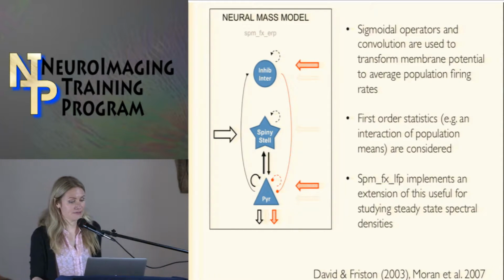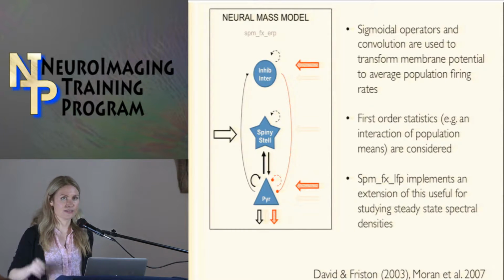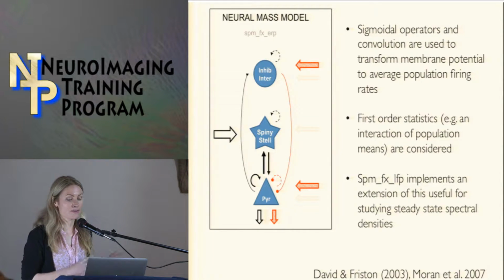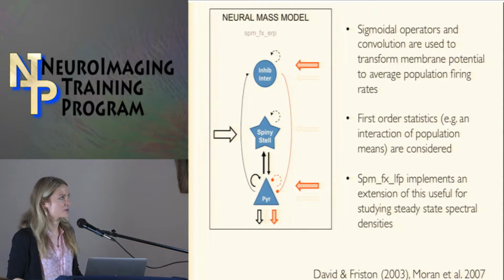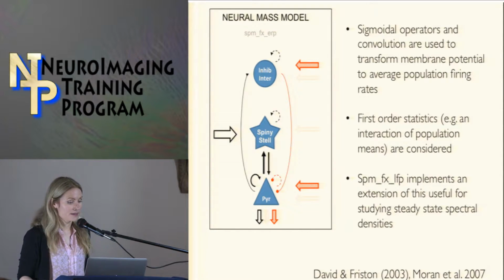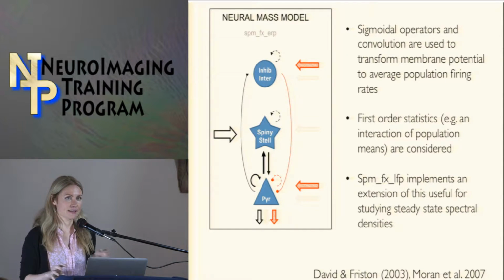So what are some key differences here? The neural mass models use these sigmoidal operators to transform the membrane potential to an average population firing rate. In that sense, the sigmoidal operator makes these models nonlinear. You're also primarily interested in just the first order statistics, so you're essentially looking at the dynamics or the interaction between population means.